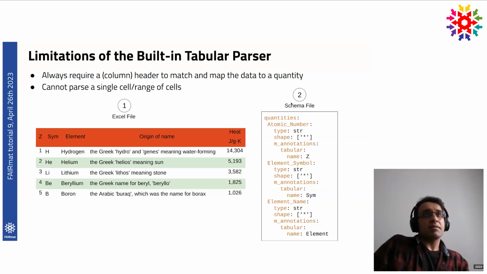And again, we have this schema file where we want to do the one-to-one mapping. So for example, under the quantities, we have atomic number, which we want to map the data from column Z in our Excel file to this atomic number. Or we want to map the element symbol, the column sim in our Excel file, into element symbol in NOMAD.